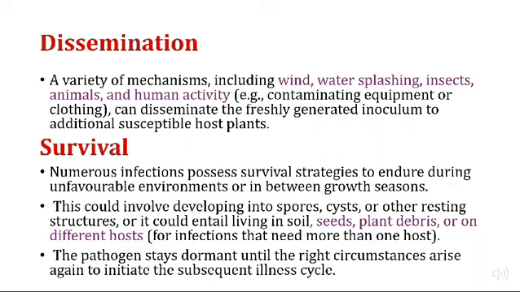This could involve developing into spores, cysts, or other resting structures, or it could entail living in the soil, seeds, plant debris, or on different hosts. The pathogen stays dormant until the right circumstances arise again to initiate the subsequent disease cycle.